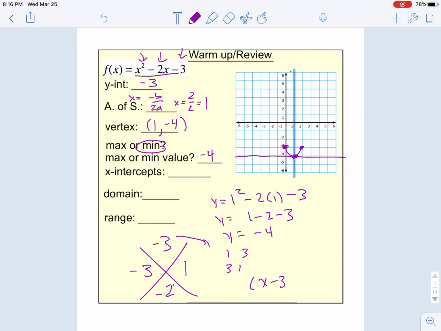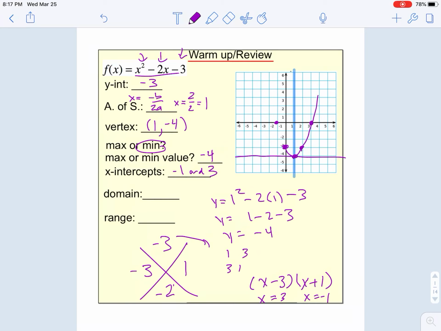So I get x minus 3, x plus 1. Find the zeros. X equals 3. X equals -1. So I can come right up here to the graph. They're going to hit at x is 3 and hit again at x is equal to -1. Both of them are 2 spots off of my axis of symmetry, so I know I got them right. Okay, so -1 and 3.